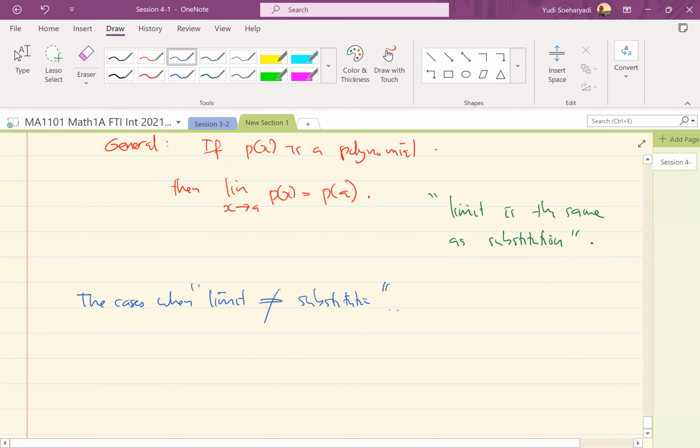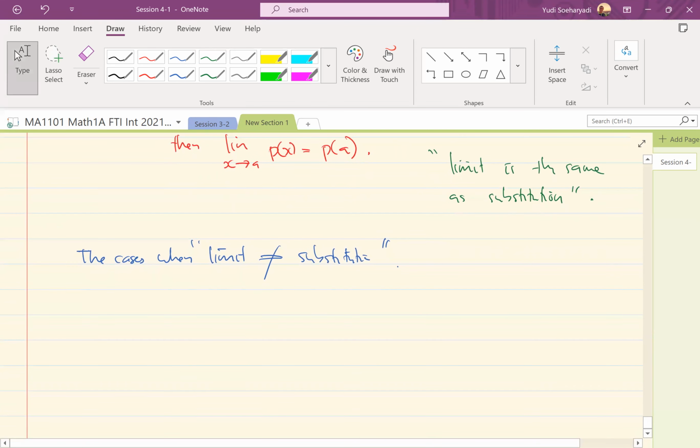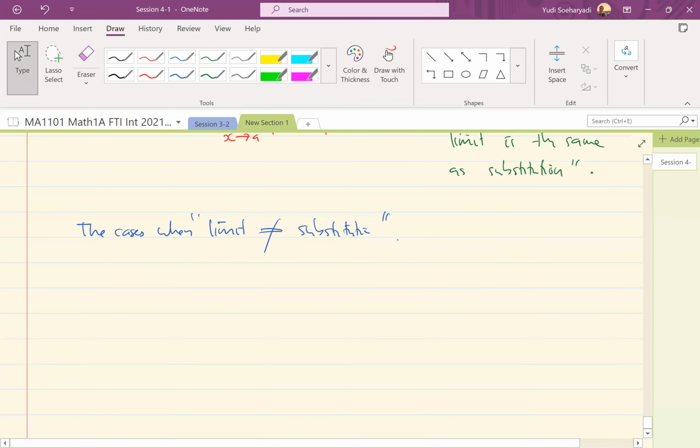You cannot just substitute. Well, we learned that earlier, that you can do factorizations, cancel factors, and those kinds of things. But what we want to show you is this property, what we call the squeeze theorem.